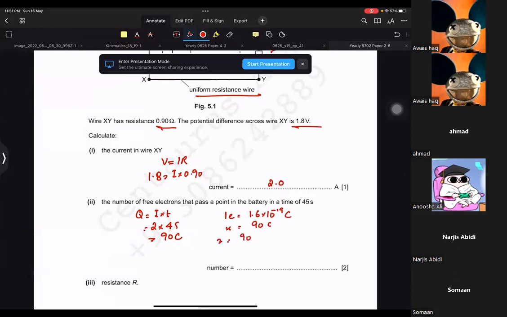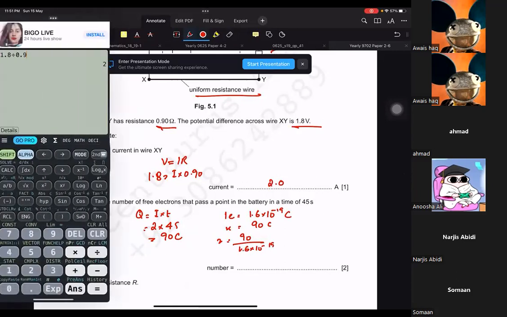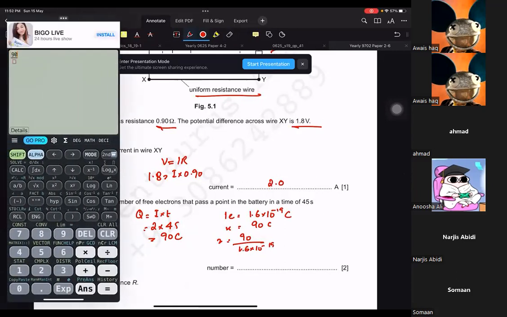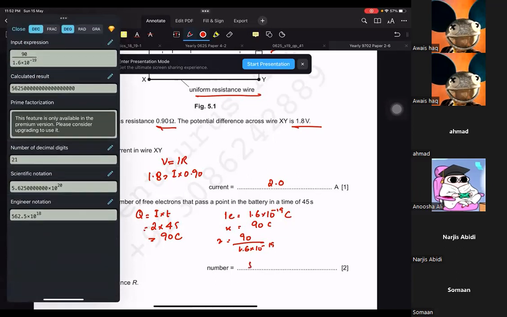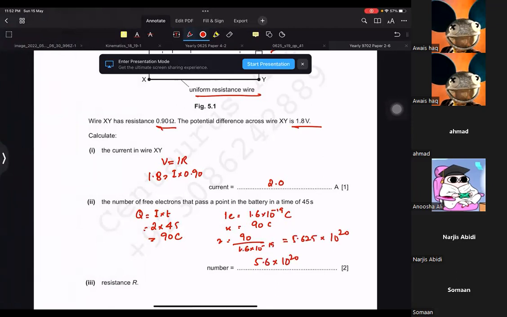So this would be 90 divided by 1.6 times 10 raised to power minus 19. So this is 5.625 times 10 raised to 20. We should write it as 5.6 times 10 raised to 20 electrons. Okay. Correct to 2 significant figures, really.